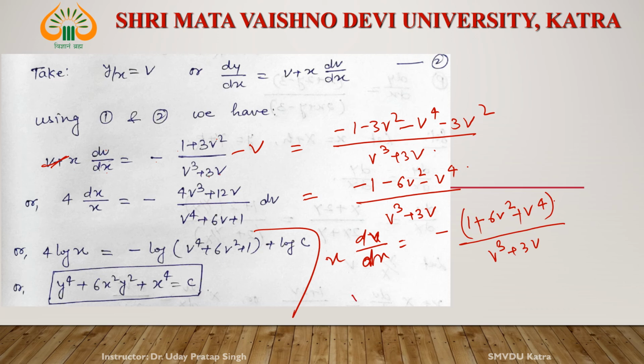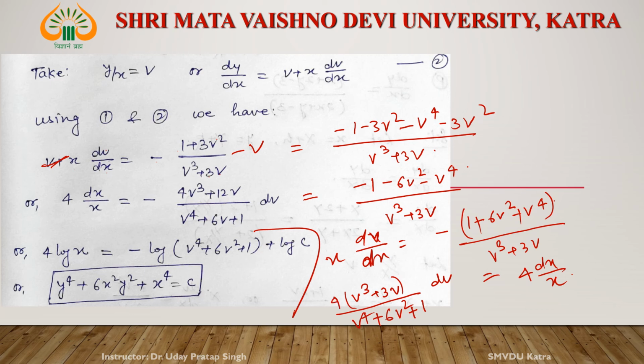And this can be written as v cube plus 3v dv divided by v to the power 4 plus 6v square plus 1 equal to dx by x. Now multiply 4 here and 4 here.